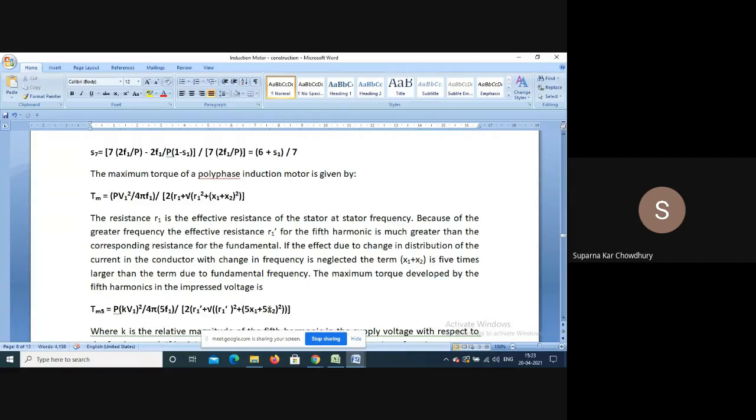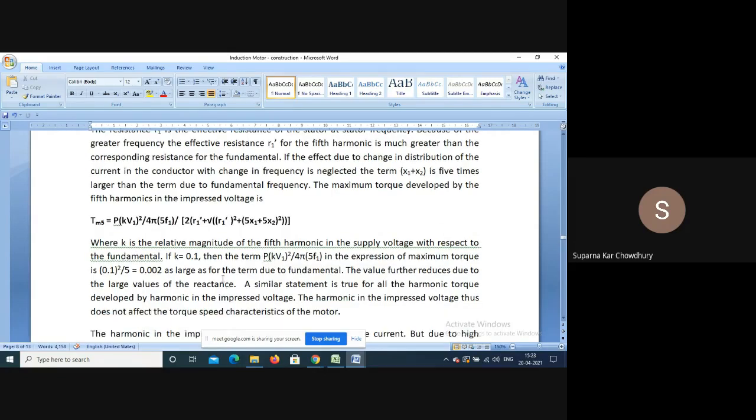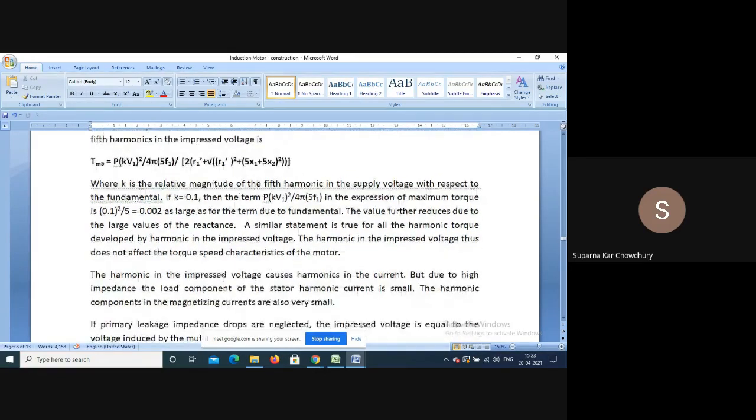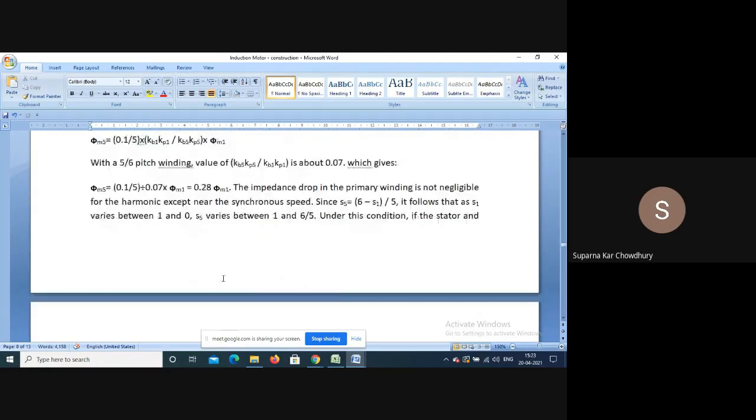Now here the reactances are 5 times because the frequency is 5 times. So you can see the magnitude of voltage has reduced and the magnitude of the inductance has increased 5-fold. So basically the fifth harmonic torque will be very insignificant. That's why while calculating the torque of any motor, we consider only the fundamental. So the effect of harmonic torques due to the time harmonics introduced by the voltage wave is negligibly small.